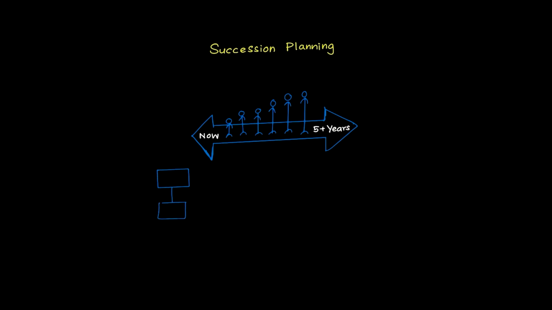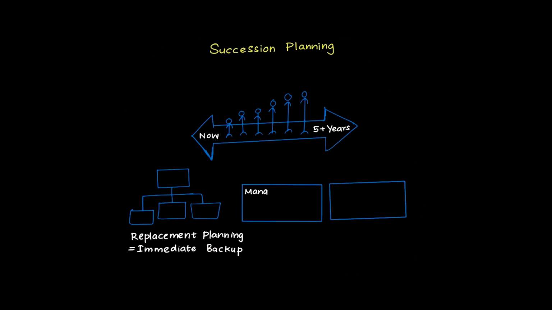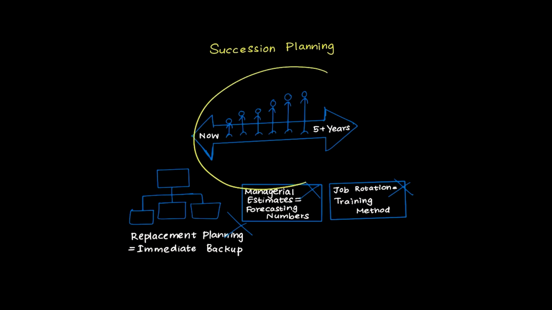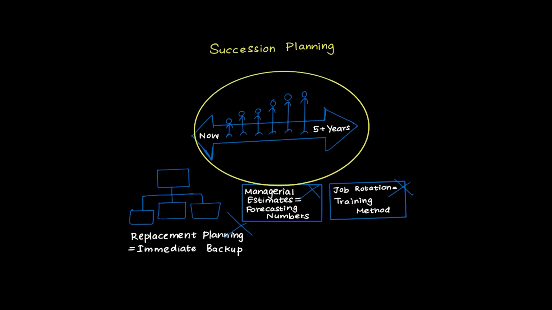Replacement planning is shorter term. It uses charts showing who would step in tomorrow if someone left. Managerial estimates forecast staffing numbers, not leadership development. Job rotation exposes people to different roles, but isn't a formal planning method for identifying successors. When the question emphasizes 5 years, flexible, developmental, and long-term talent, that's succession planning territory.